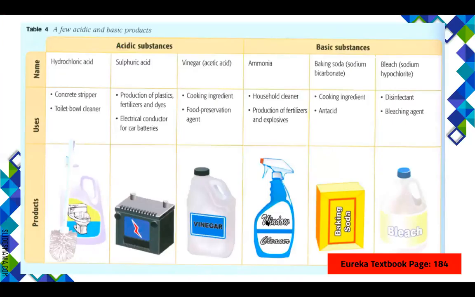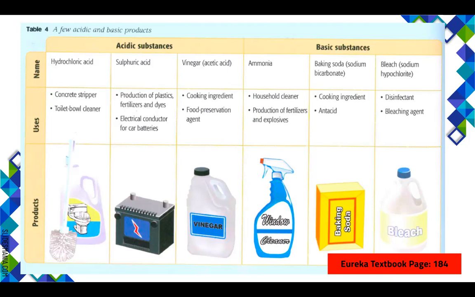So this is actually in your textbook. It is basically showing you the things that you see regularly that are acidic or basic substances. So over here we have hydrochloric acid. It is in concrete strippers, to break down concrete, and toilet bowl cleaner, right?